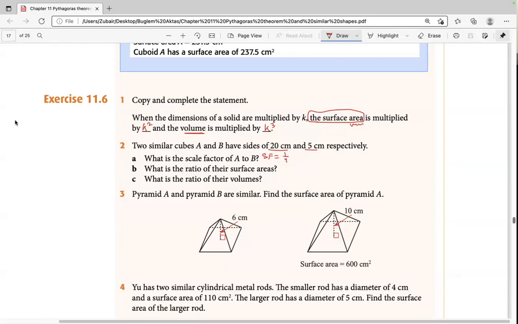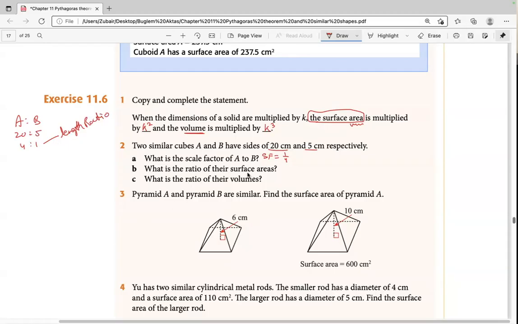If I say this is A and this is B, sides are 20 and 5. Do you agree? If I just simplify them, may I write 1 and 4? And what are these, length or area? These are the lengths. So may I write 1, 4 as the ratio of lengths?